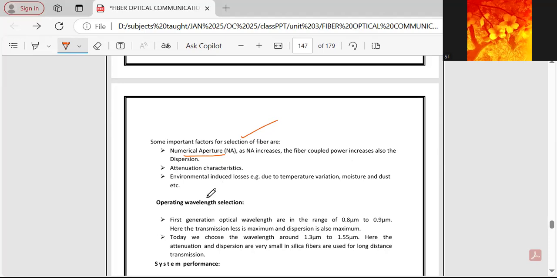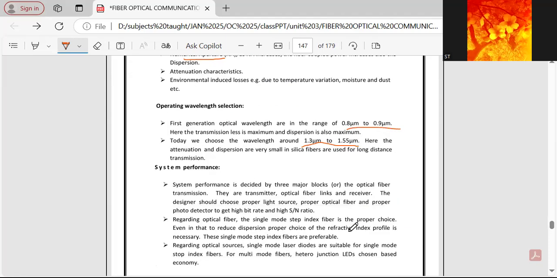And what are the environmental induced losses if we are using a particular type of fiber? That is also kept in mind. And we have to select the operating wavelength in the range of 0.8 micrometer to 0.9 micrometer, and we can also select wavelength in the 1.3 micrometer to 1.5 micrometer range.